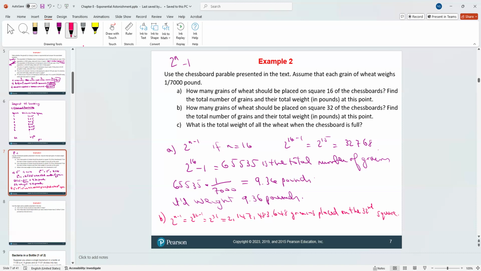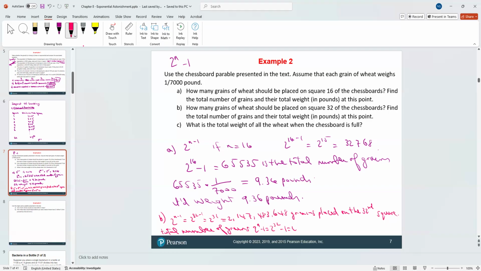So the total number of grains would be, remember again, 2 power n minus 1, 2 power 32 minus 1. That gives you a big number again.